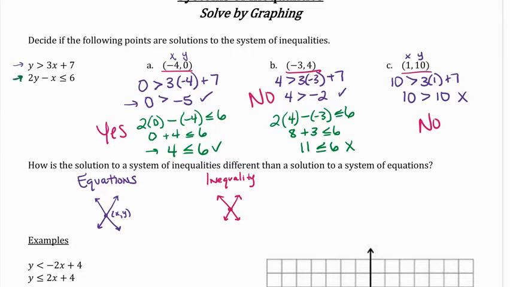There's also shading with inequalities, right? So we're going to look for where the shading overlaps. So it's not going to be just that one point that is our solution. It's going to be any of the points inside that shaded area. So this system of inequalities will actually have more than one solution.